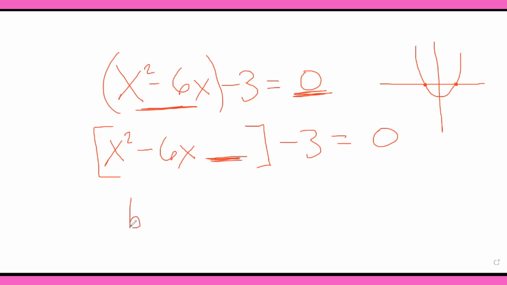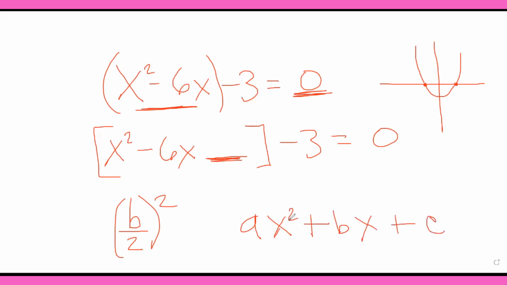And what goes in the blank is b over 2 squared. And if we remember, the standard form of a quadratic is ax squared plus bx plus c. So the standard is positive. So in our case, we have a -6 is our b.